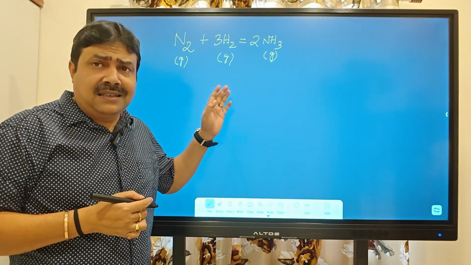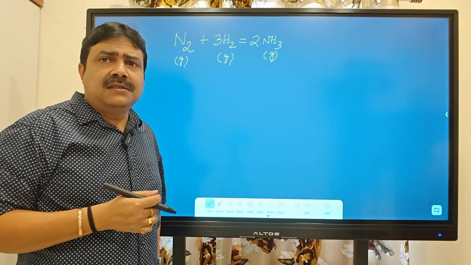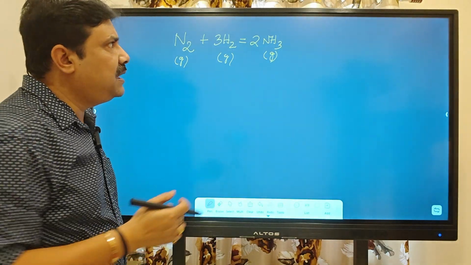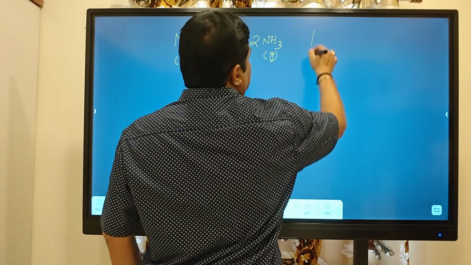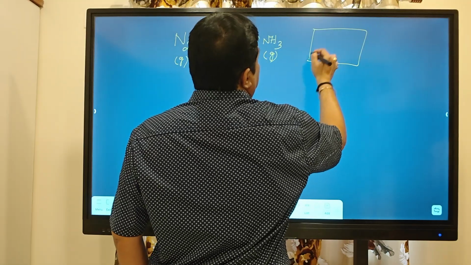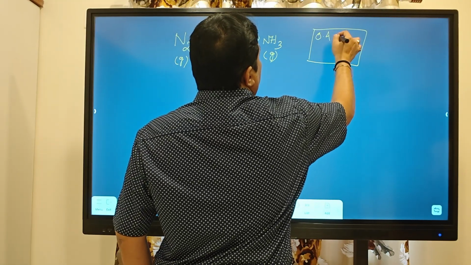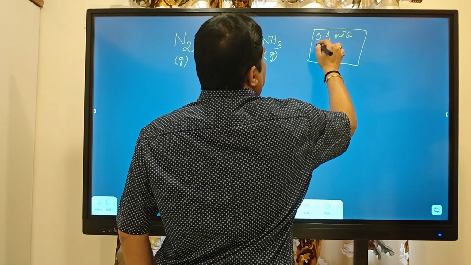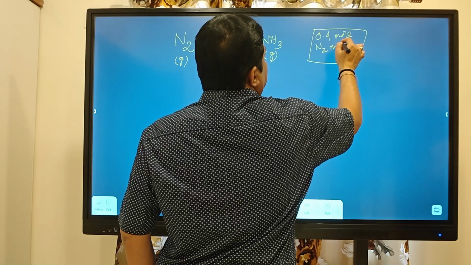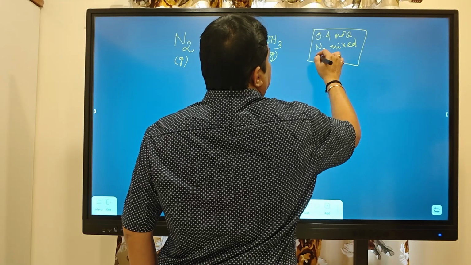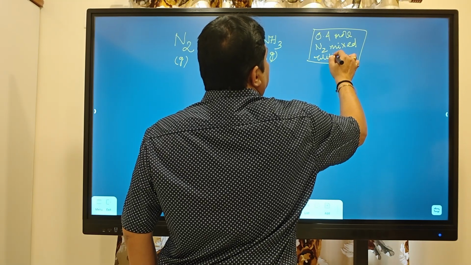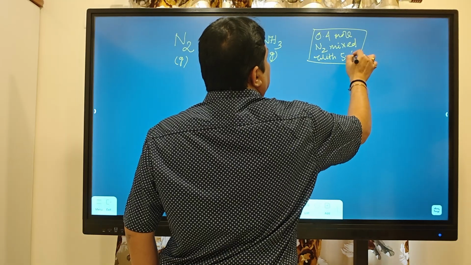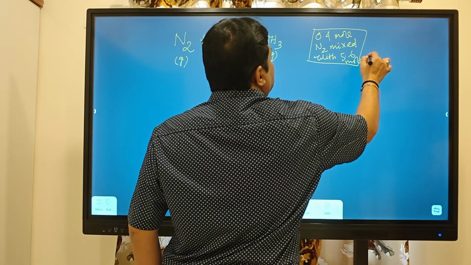They will not give you the reaction. As we are learning, that is why first I write down the balanced chemical equation. What will the problem give you? They will give you a container. This is your container, with 0.4 mole of nitrogen mixed with 5.6 mole of hydrogen.